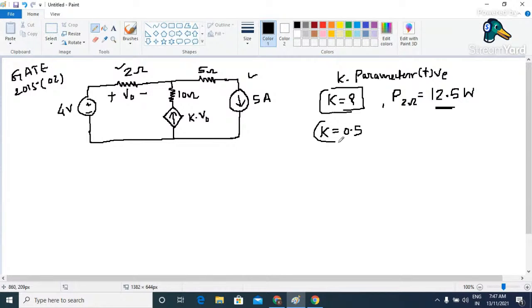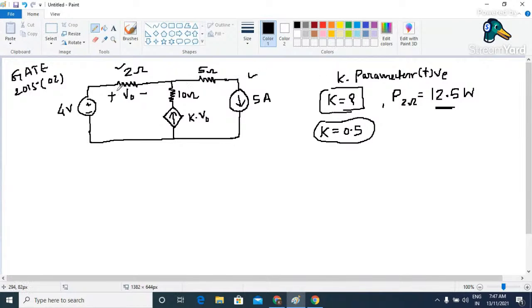If you solve this numerical, you need to apply the logic of KVL and KCL to solve it, and if you apply that logic properly, you will get the value of K as 0.5. In this case, the power developed across the 2 ohm resistor is known to us, which is 12.5 watt.